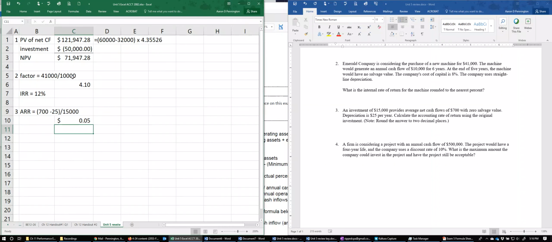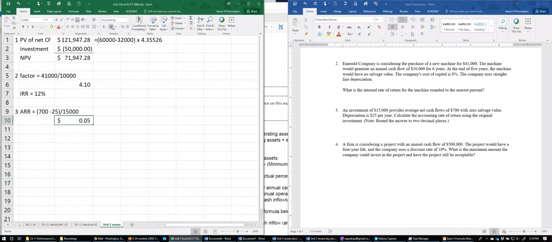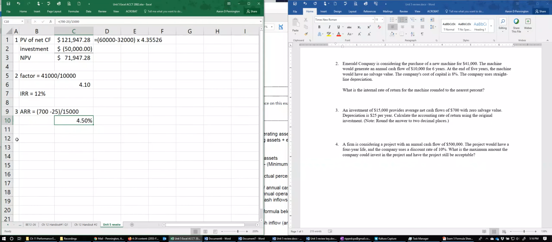And again, that's not a dollar amount, we want to think of that as a percentage. So let us format accordingly. Increase the decimals, and 4.5%. So that project, at least from an accounting perspective, returns 4.5%.